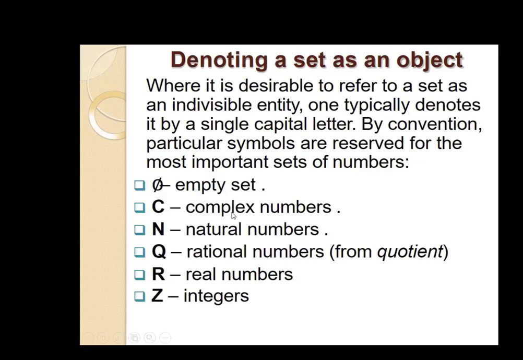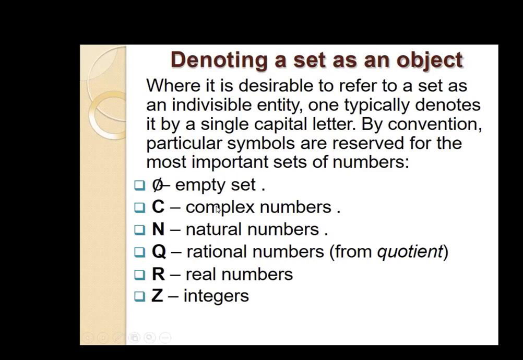Another is the complex numbers set, which is represented by a capital C. Another type is the natural numbers set, which is represented by capital N. Another one is rational numbers, which is represented by capital Q, and in the same way real numbers are represented by R, and integers by Z. So these are the different types of set.